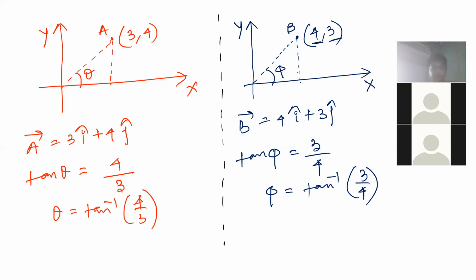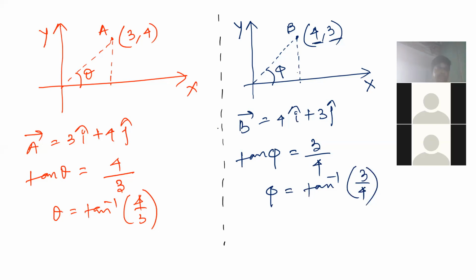Now, whenever you have found theta and phi for both of the vector quantities, just say whether the values are equal or not. In the chat box also you can see. The value of theta and the value of phi, whether these two are equal.